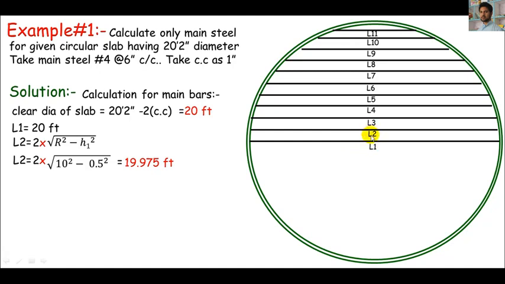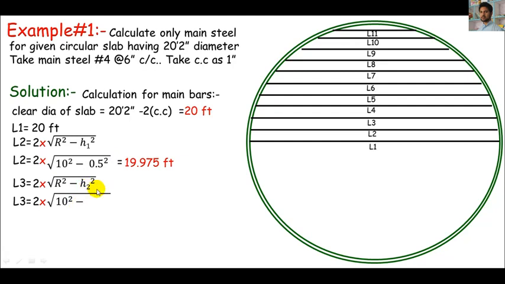What about L3? This is also minimum just from L2 and L1, and the same formula will be used: R squared minus H2 squared, times 2. Just plug in and check. You must get L3 equals 2 times, what is R? Of course it's 10. So 10 squared minus H2 squared. What's H2 now?